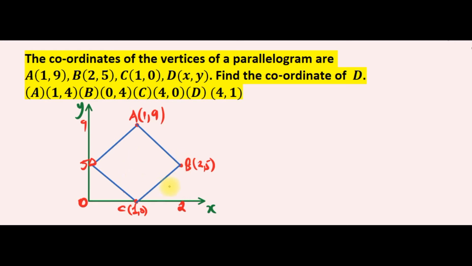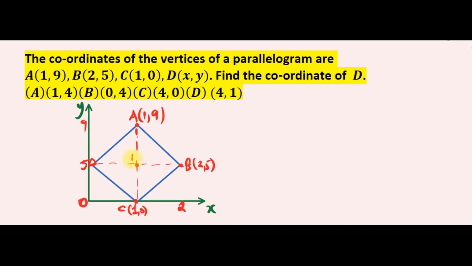This is our parallelogram, but we know that one characteristic of a parallelogram is that the diagonals intersect at the midpoint. Assuming this is the diagonal, they must meet at the middle. That's the property we are going to use here.